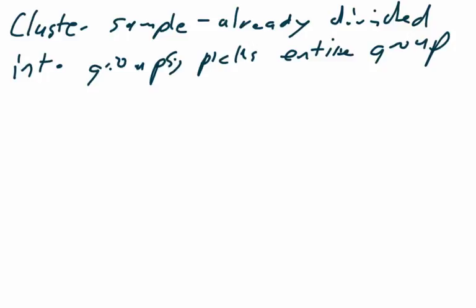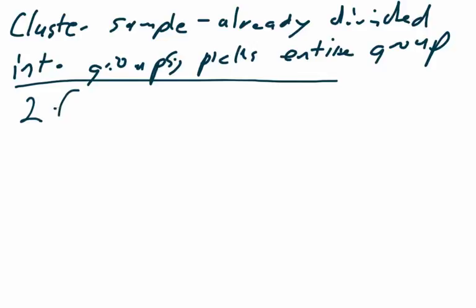A cluster sample is when you're already divided into groups, and then we're going to pick an entire group. So let's say that we want to do this with the cafeteria again, but instead of going around and trying to find 10 people randomly, we're just going to pick 2 first period classes.